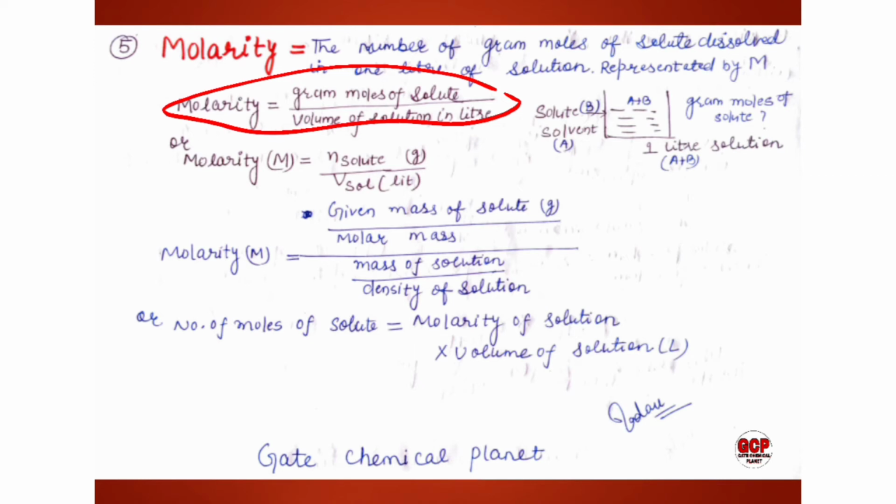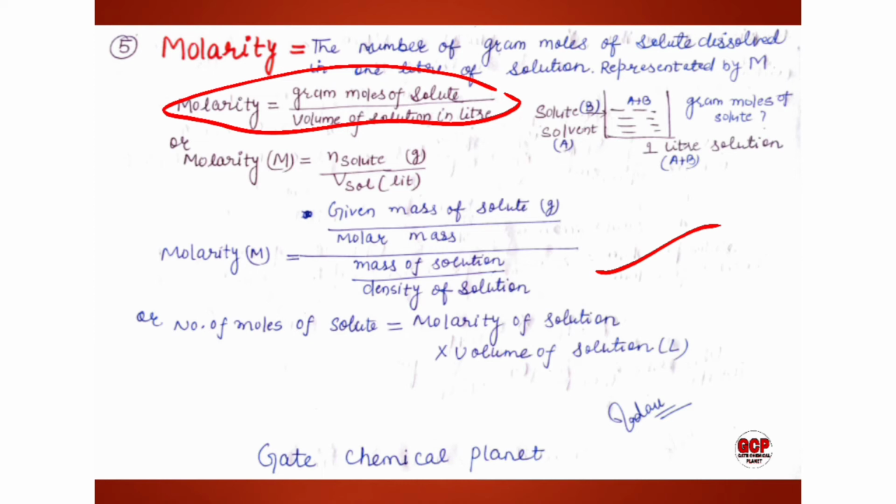We can also write molarity equals the given mass of solute in grams divided by the molar mass, because we can write moles of solute in this format also, given mass of solute divided by the molar mass, and we can replace volume in this manner by mass of solution divided by the density of solution.